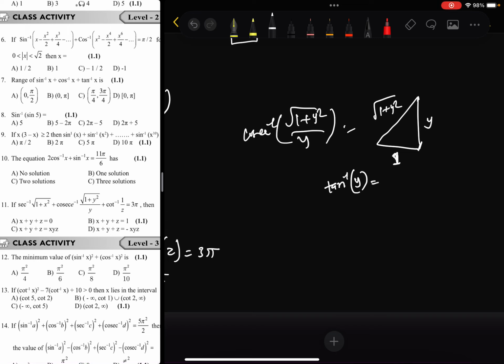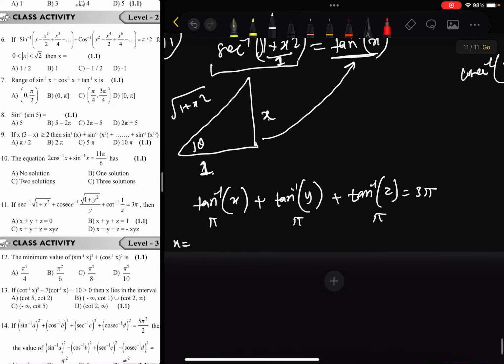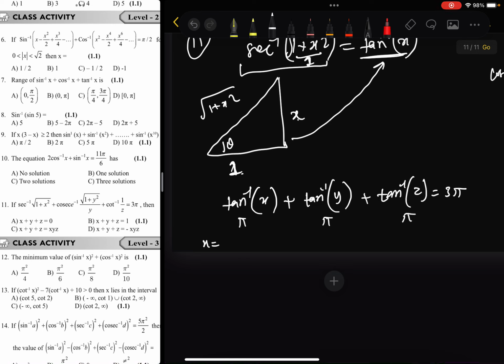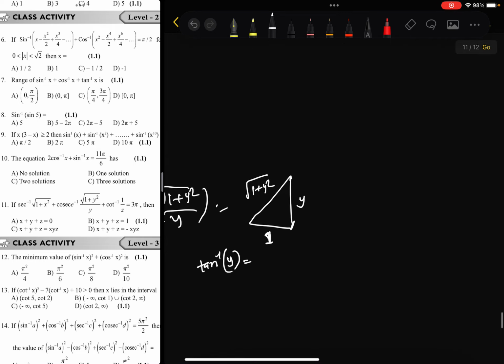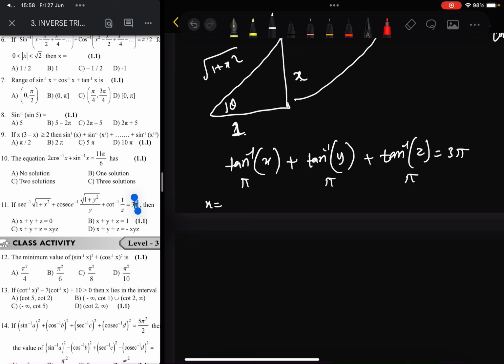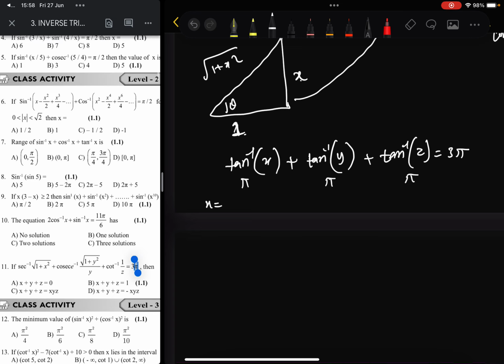Okay, so what is the problem here? This is 3 pi. We need to find x plus y plus z, but again there is some problem in the question. I think in place of 3 pi, this number should be pi. Let's check once again.